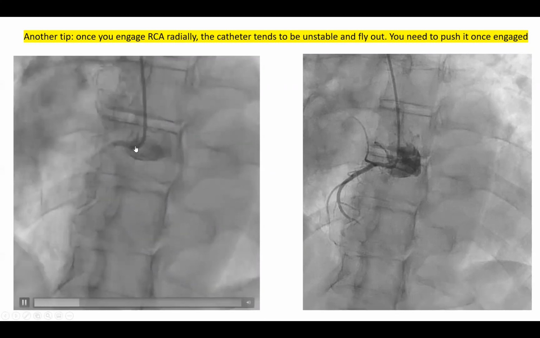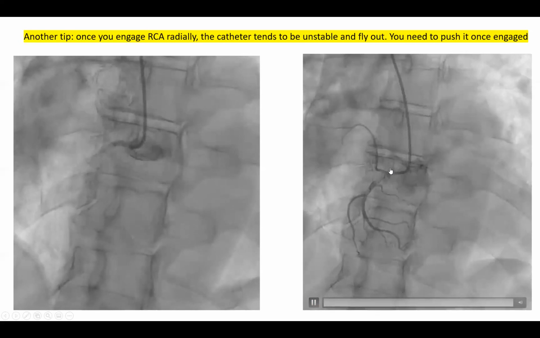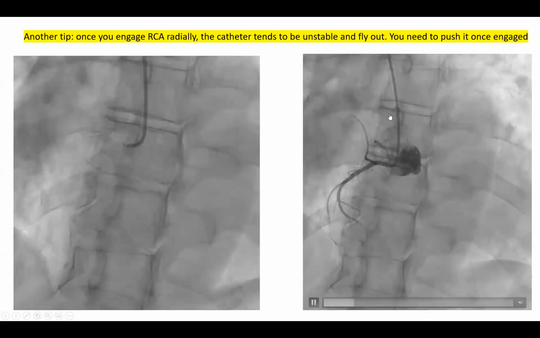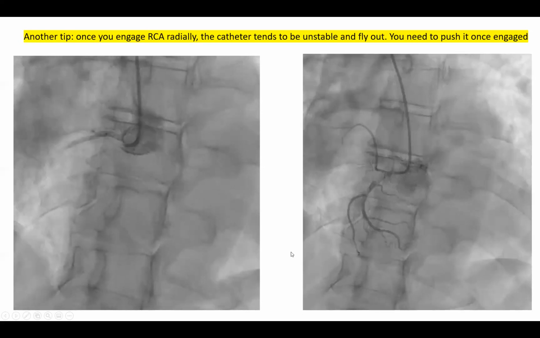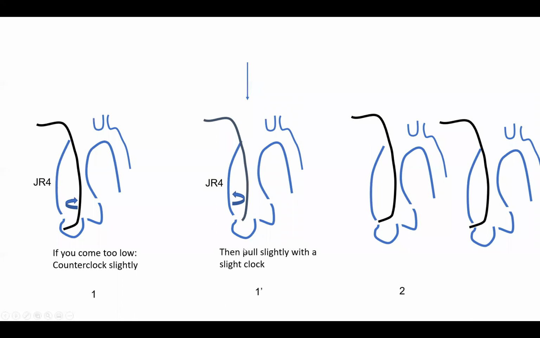So here, he didn't push it and the catheter flew out quickly. So after you get engaged, you push it a little bit to have more stable engagement. Otherwise, it will quickly fly out. So that's another important idea. Okay. So this is an illustration of what I just described, how to get in when you're coming too low, and that very last step where you push it to get deeper and more stable in.